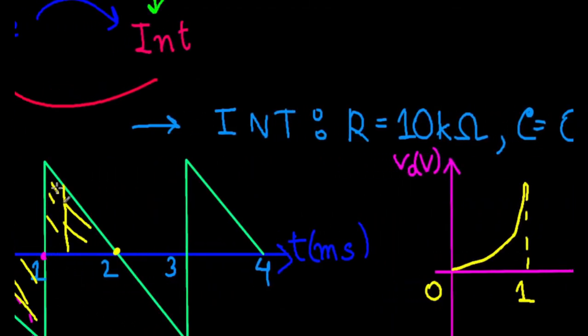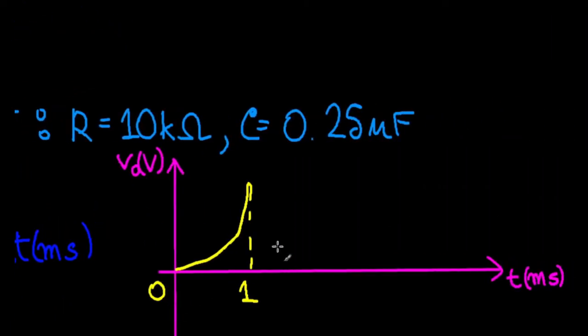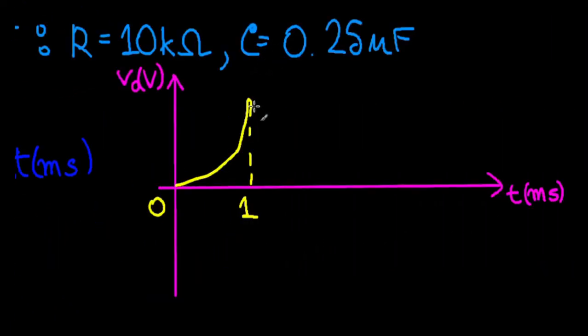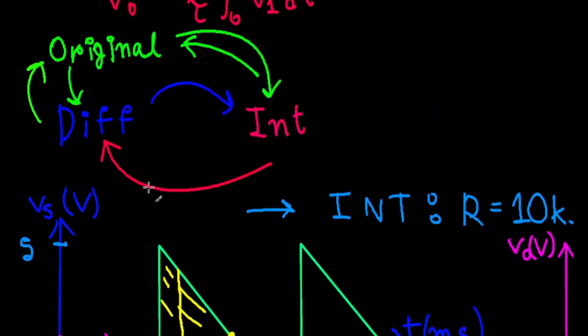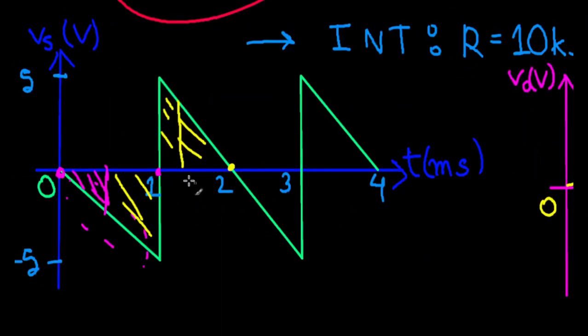So let's draw that in. At 2 milliseconds, it's going to be 0. It's going to go down in a parabolic fashion, the reverse of how it went up. All right, so you should be able to see what's going to happen next.